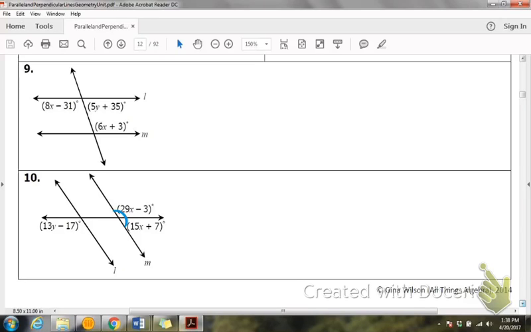Remember to combine like terms on either side before you start moving to the other side. So 29x minus 3 plus 15x plus 7 equals 180.